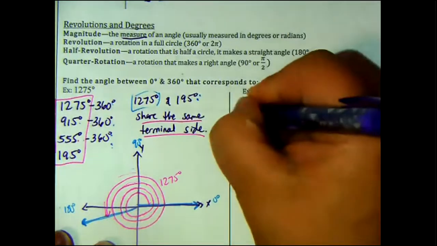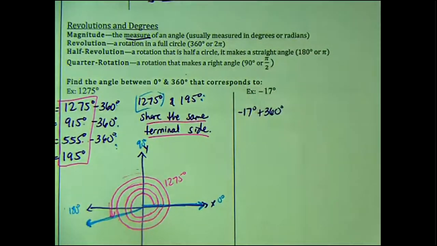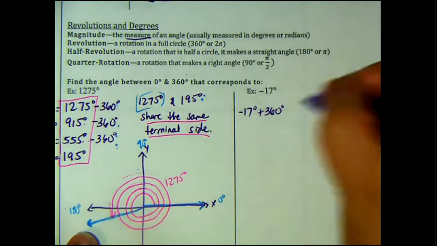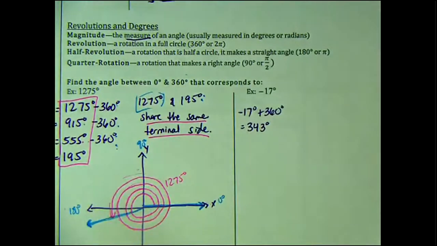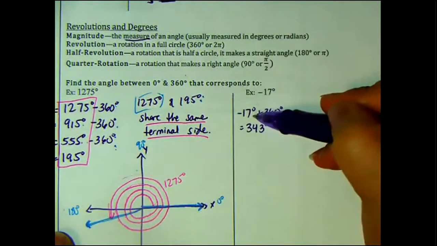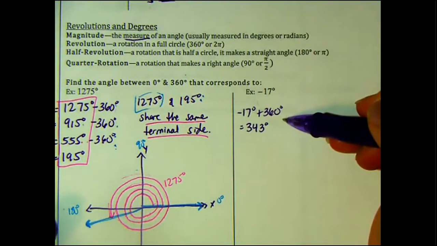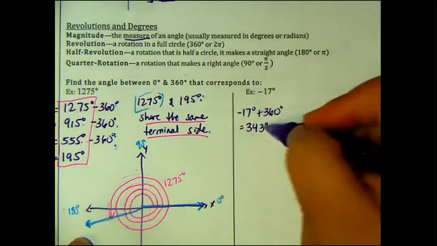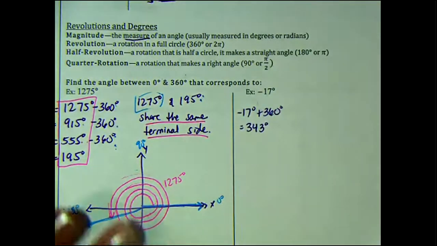So I take negative 17 degrees and add 360 degrees to it. That's negative 17 plus 360, which gives us 343 degrees. Because negative 17 was so small, all it took was one adding of 360. So the corresponding angle here is 343 degrees.